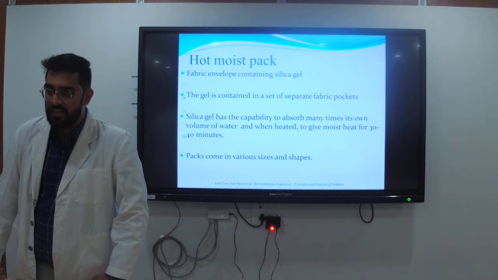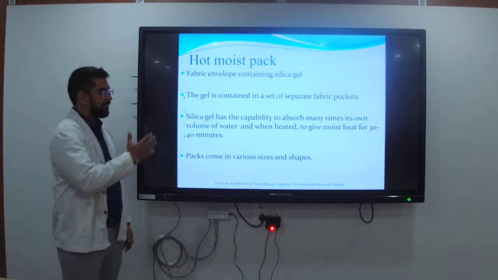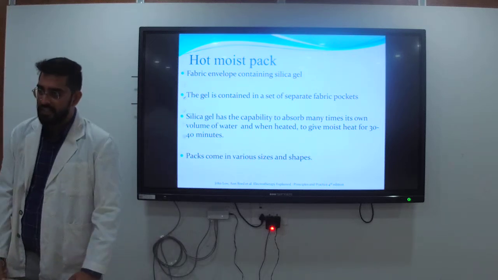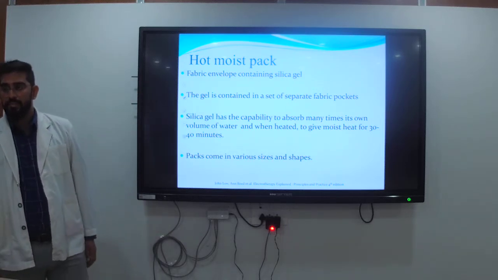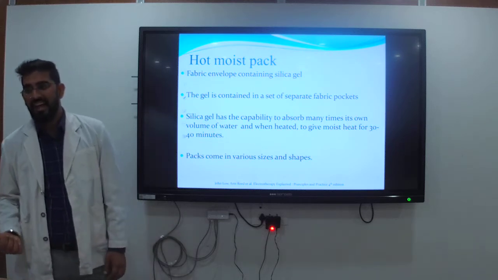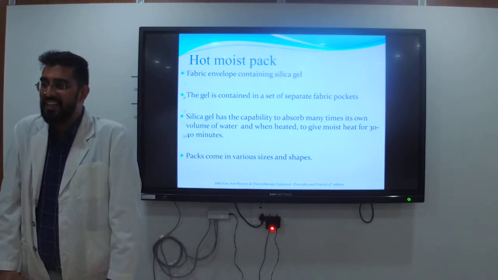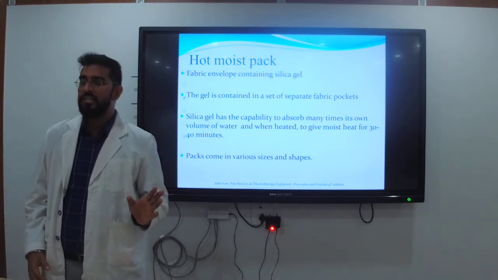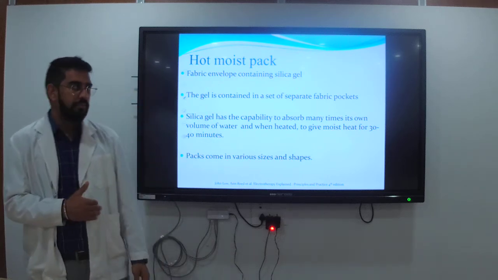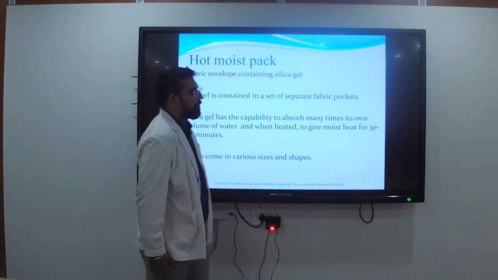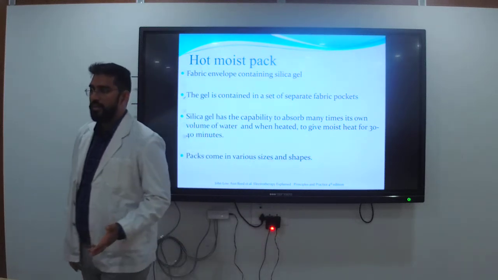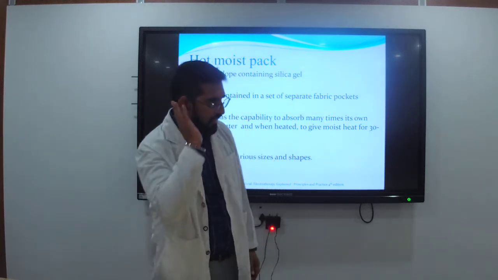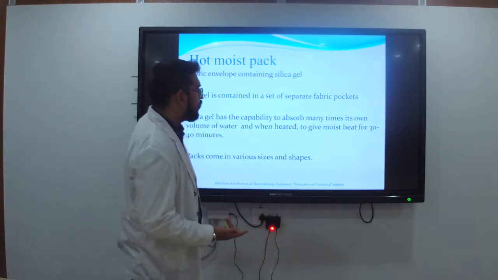Silica gel has a certain ability in which it absorbs the heat and is able to retain that heat for at least around 10 to 15 minutes. So it has this special capacity to retain the heat for at least 10 to 15 minutes or even 20 minutes.